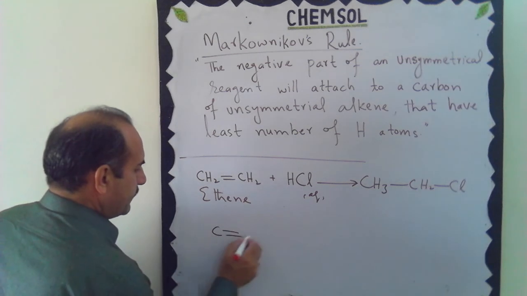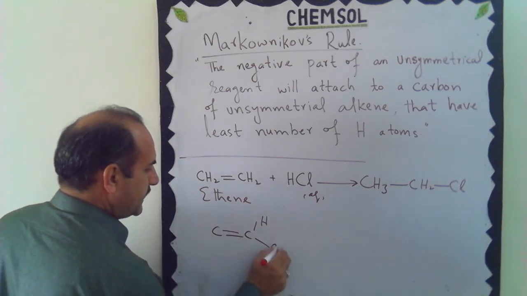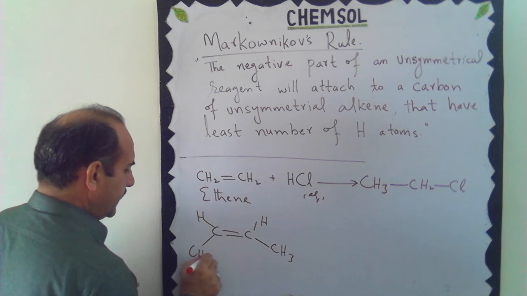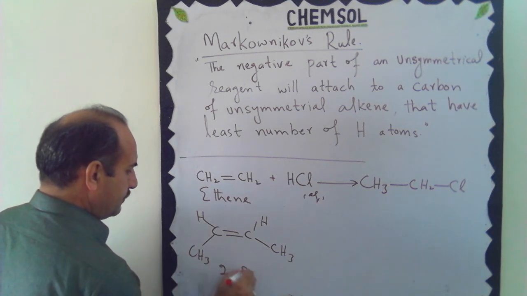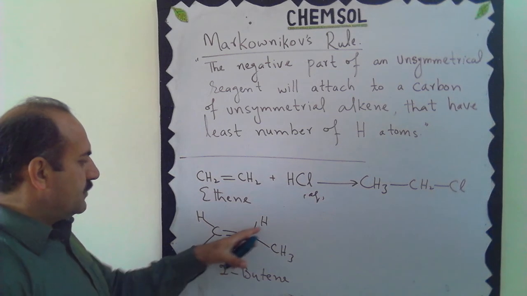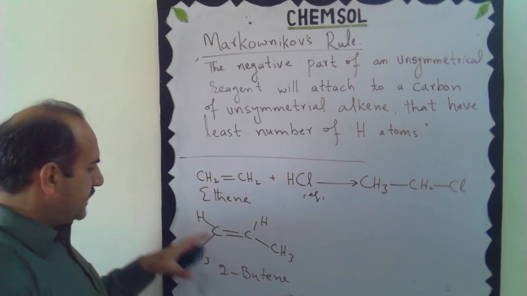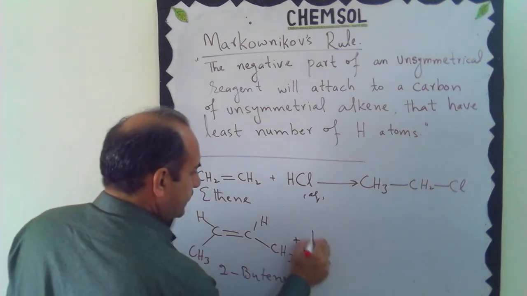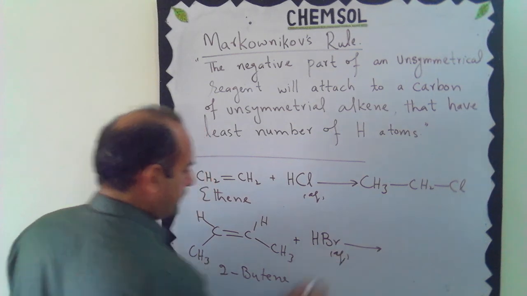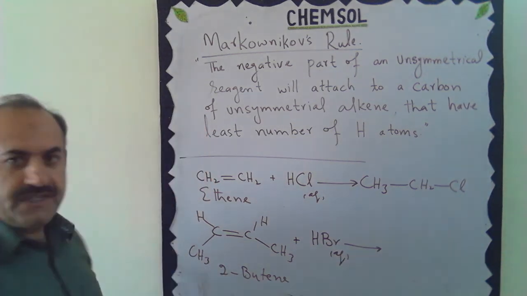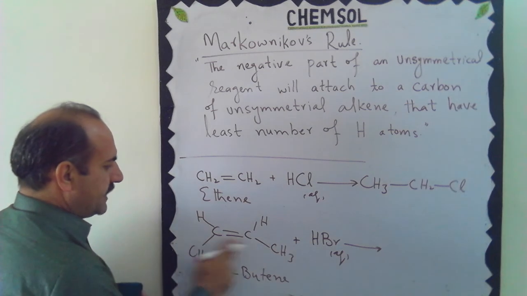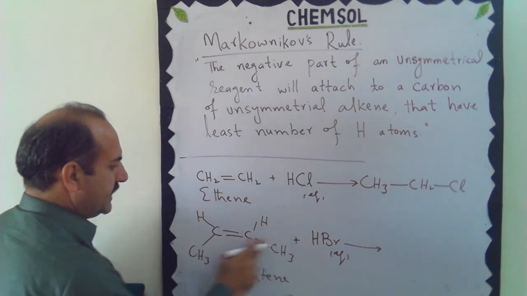Another example, we have this kind of alkene where the hydrogen atoms on both sides are equal. For example, this is 2-butene. In 2-butene, there is one hydrogen on this carbon and one hydrogen on this carbon. If we react it with aqueous hydrogen bromide, then we will get only one isomer. We can attach this hydrogen on this carbon, or this hydrogen can also be attached on this carbon.